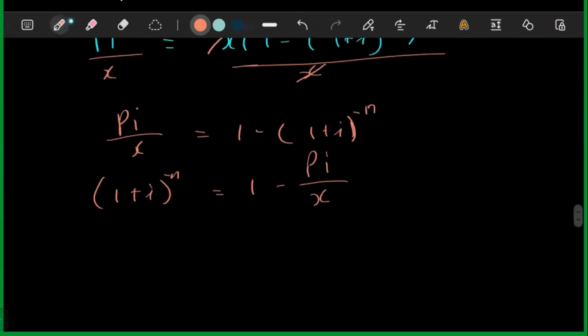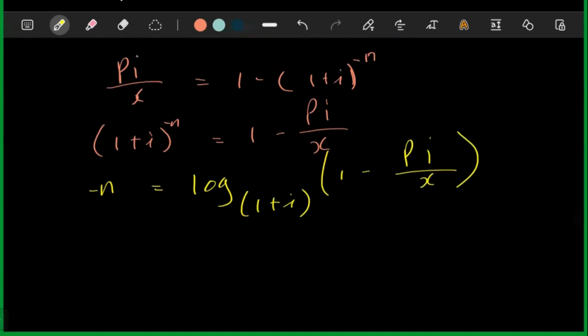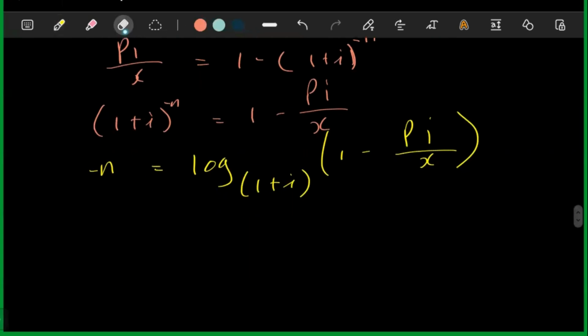Then you can isolate n using log. This is the exponent, so you isolate it and say log, with the base of the log being the base of this exponent, and then you multiply by a negative, so this becomes a plus and this becomes negative.